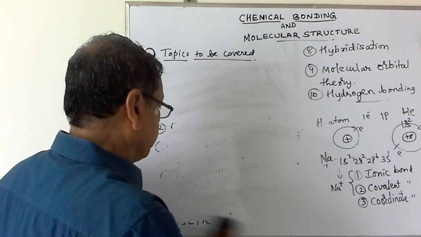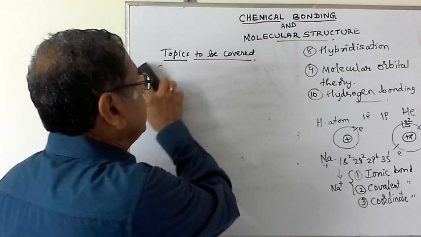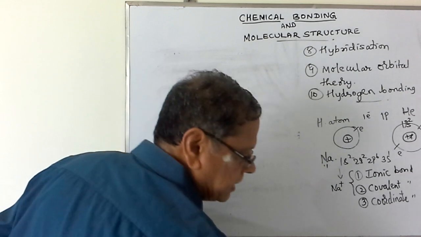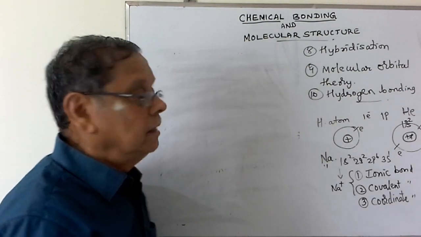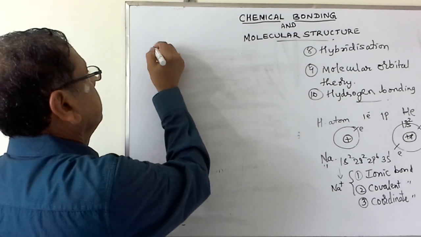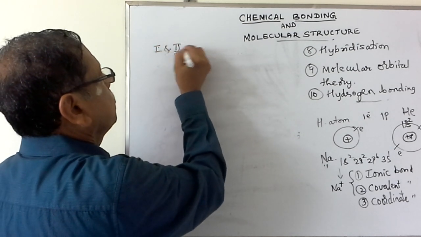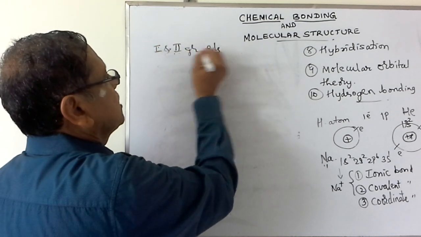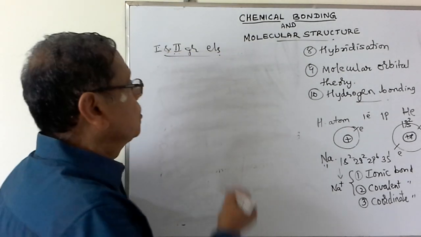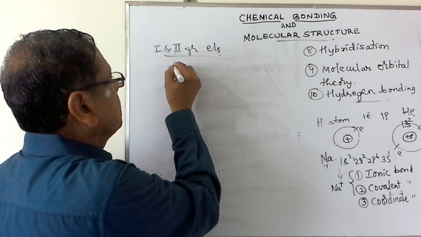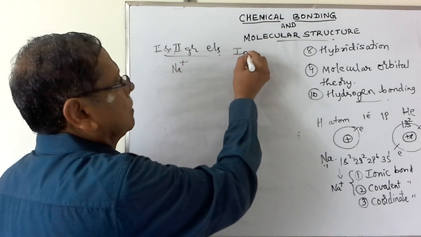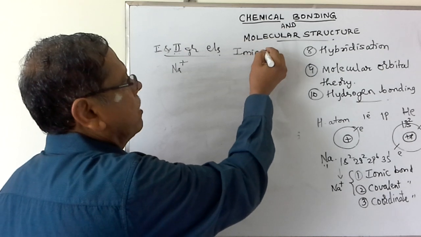Those characteristic properties are, if an element possesses a very low ionization energy, usually we consider the first and second group metals. First and second group elements, which are nothing but metals, alkali and alkaline earth metals. So when you consider an atom like sodium, we are now considering the explanation for the ionic bond.